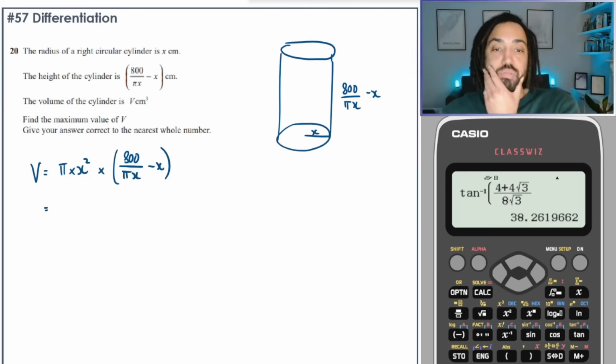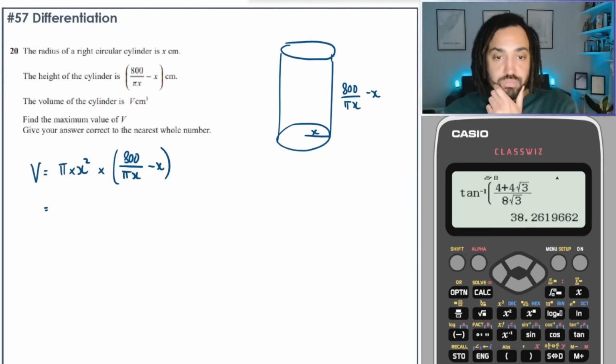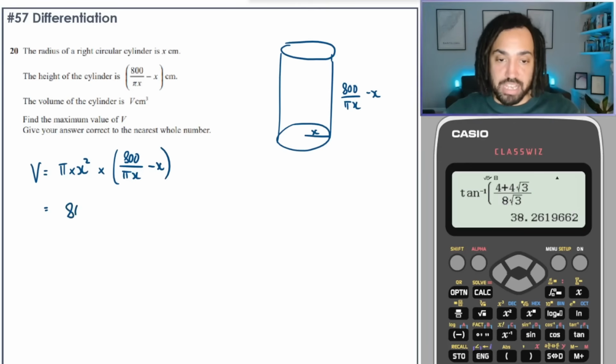Multiplying through, pi x squared times 800 over pi x: the pi's are going to cancel, and x squared divided by x is just x. So the first term is going to give me 800x.